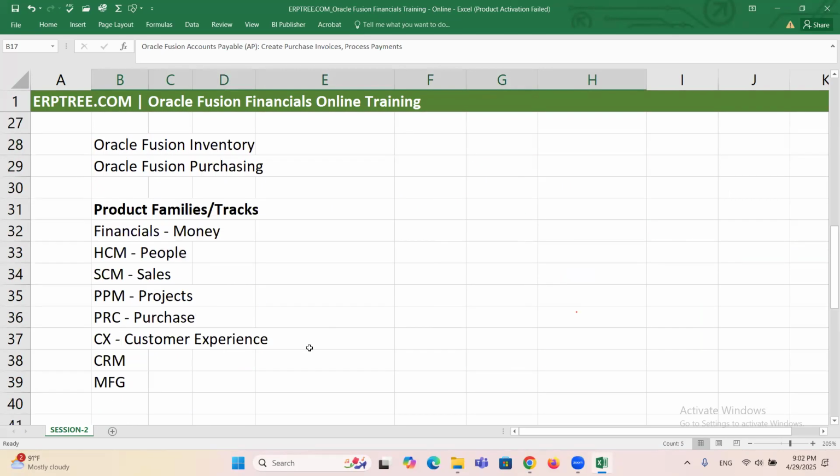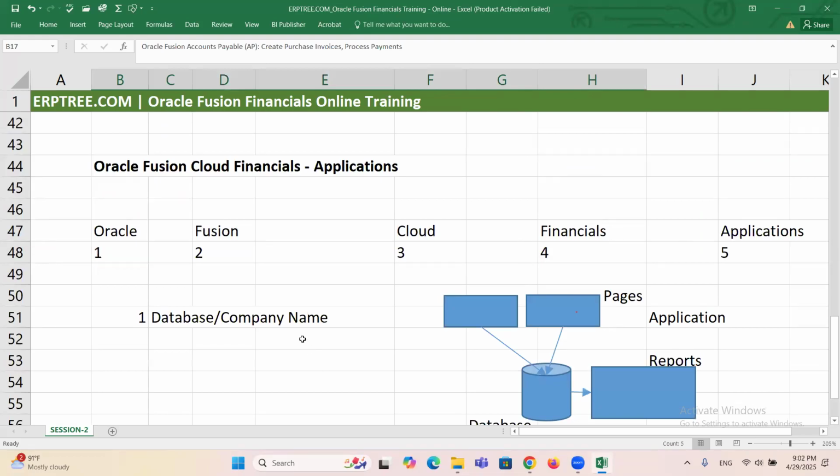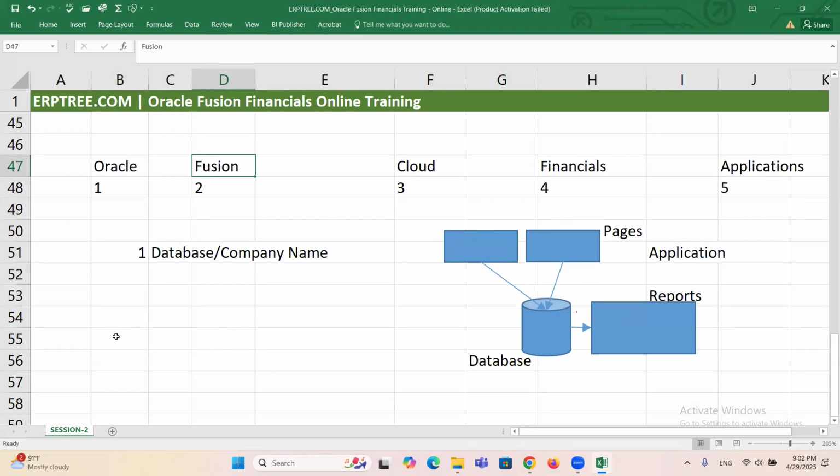That's how it is. Now let's try to understand the meaning of fusion. It's very simple. When you talk about fusion, say in the market, we have Oracle. From Oracle, financials is good. And from SAP, SD is good, sales and distribution, which is equal to SCM.